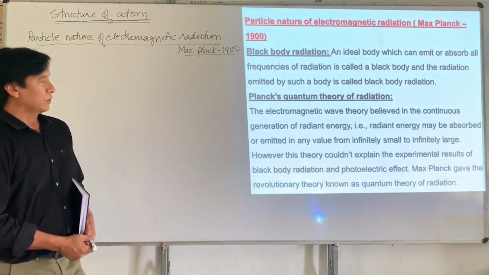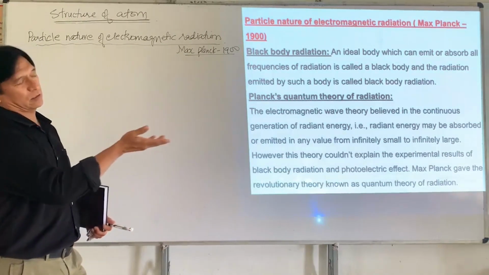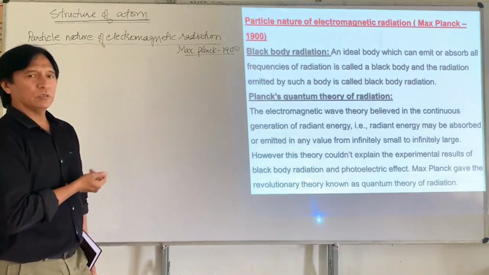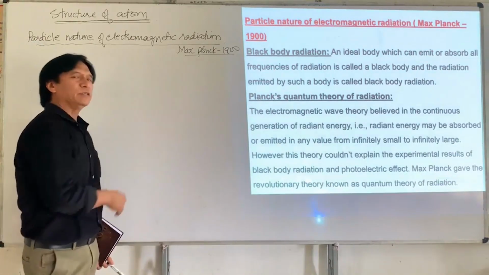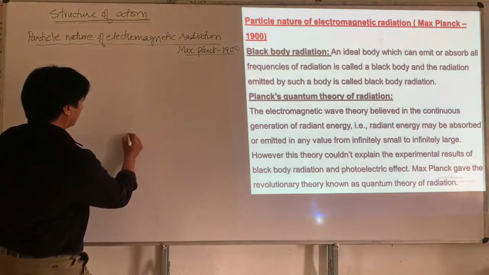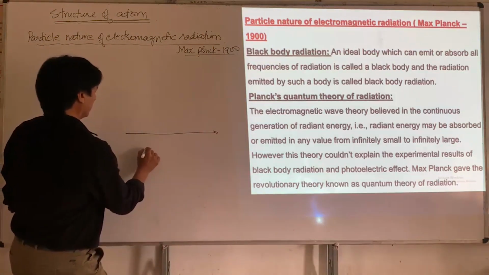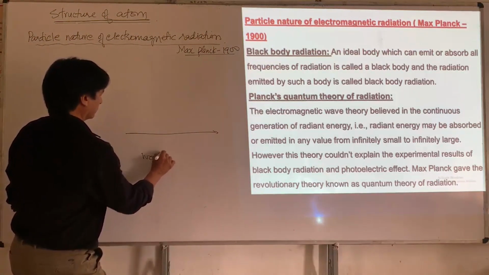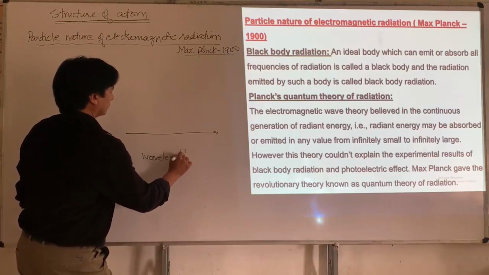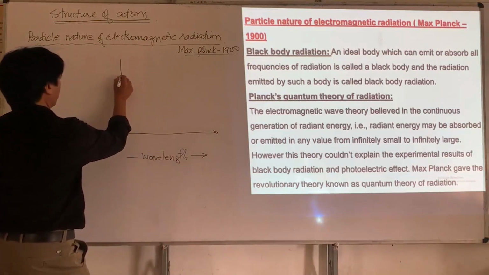And if you were to plot a graph of the wavelength of the radiation against the intensity, say on the x-axis you have the wavelength, and then on the y-axis we're going to take the intensity of the radiation.